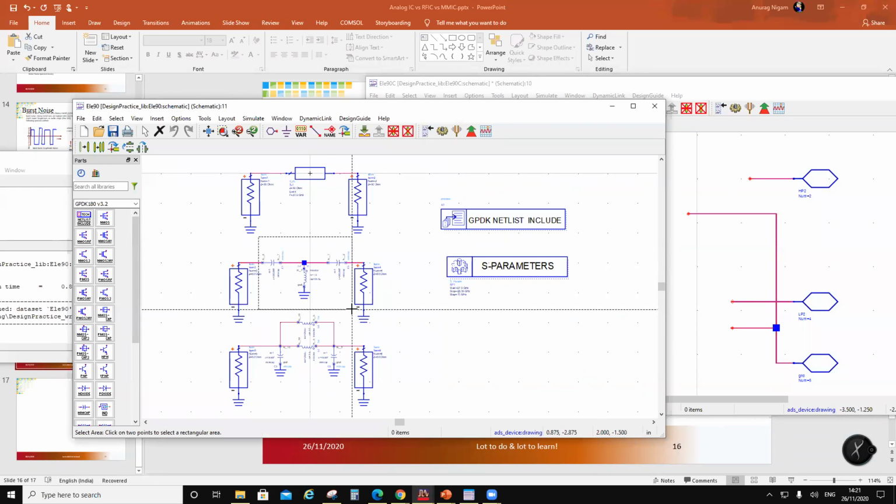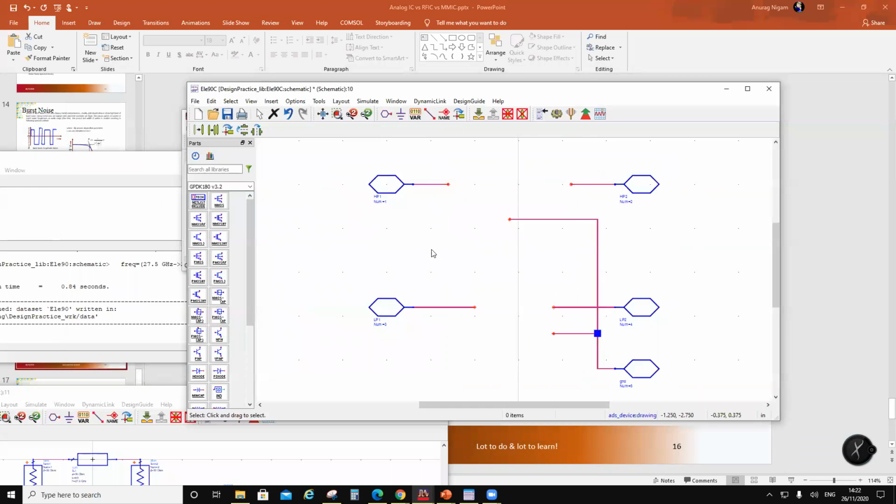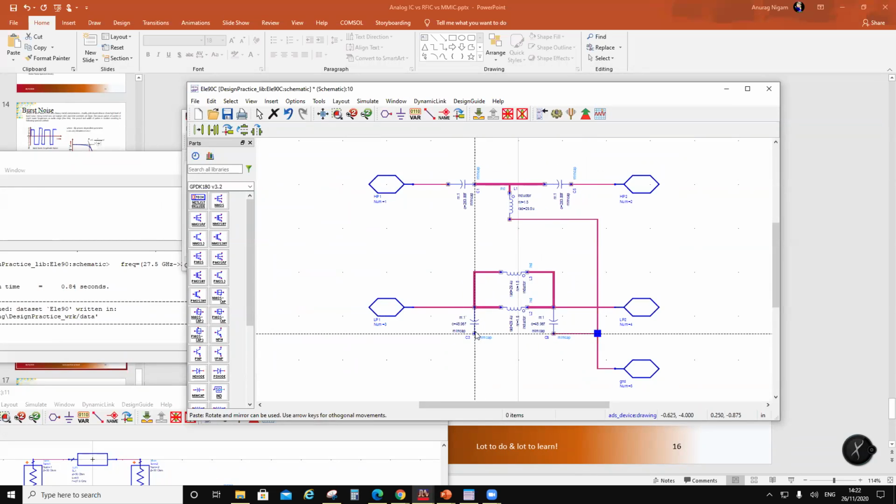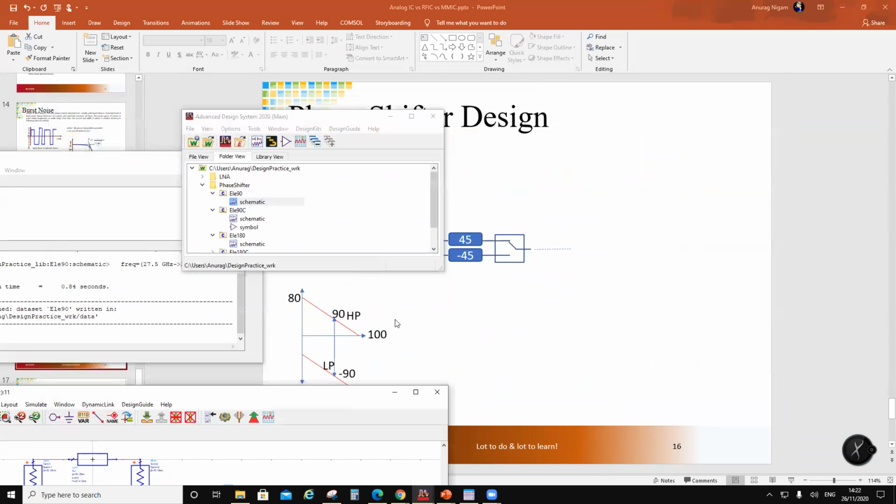I want this without the ground, and this without the ground. Control C and Control V, and that's it. Just do a ground connection here. So this is a low pass, high pass, low pass element for 90. So we are done with 2 components.